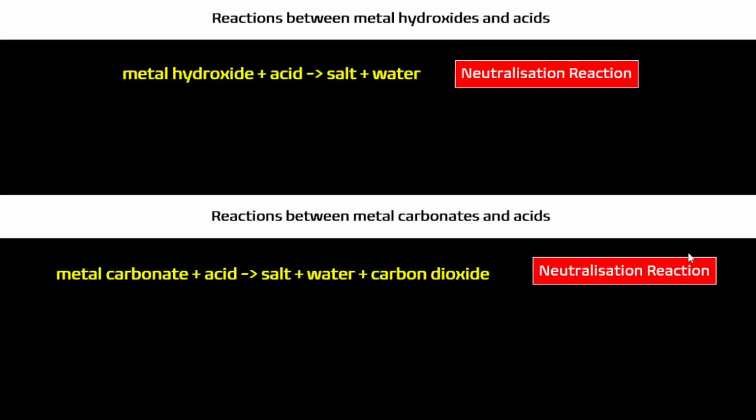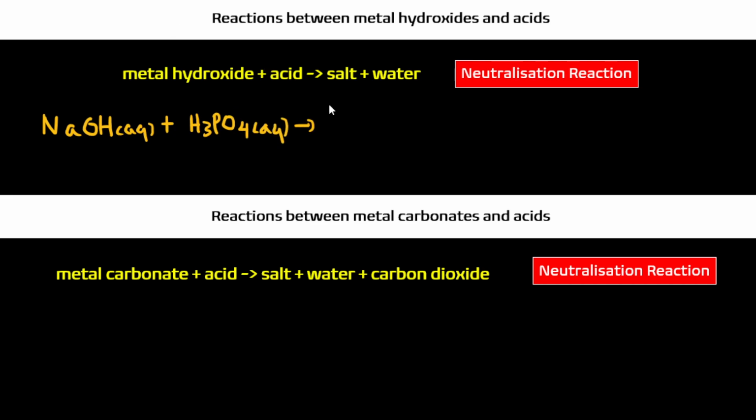Now, reaction between metal hydroxides and acids. Okay, so metal hydroxide is also a base, so it will react with acid to produce salt and water. For example, what is a metal hydroxide that you can think of? Let's say sodium hydroxide. So sodium hydroxide, NaOH, aqueous, will react with, let's say, phosphoric acid, H3PO4 aqueous, to produce a salt.